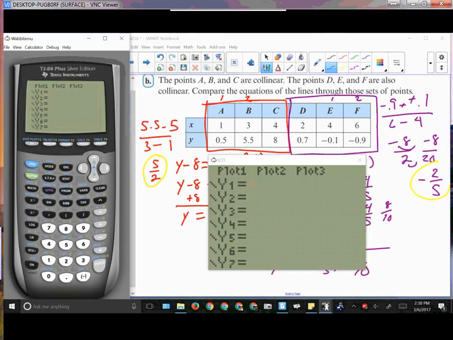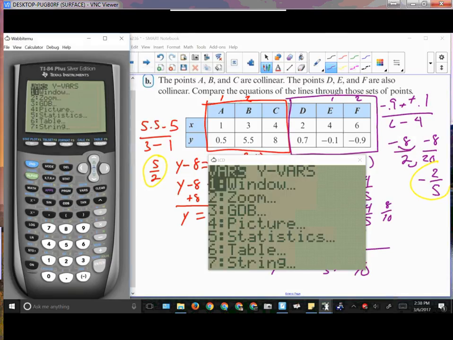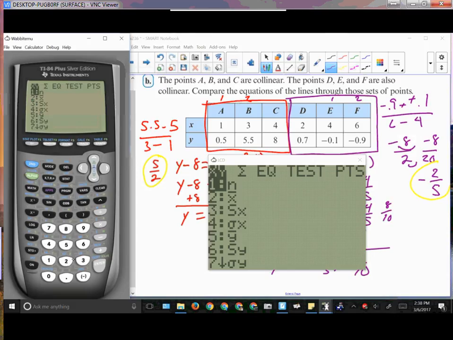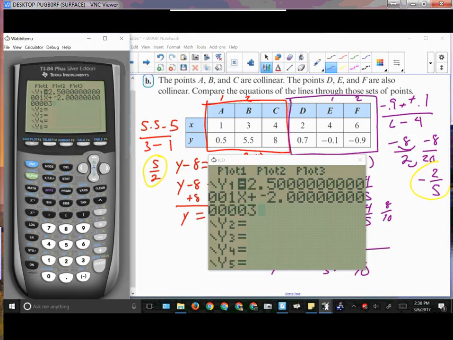If you don't know where it is, find 9, find the parenthesis, tangent, vars. Then it says number 5, statistics. So we press 5. Go over to where it says EQ, equation, press enter. It just copied the entire equation over.